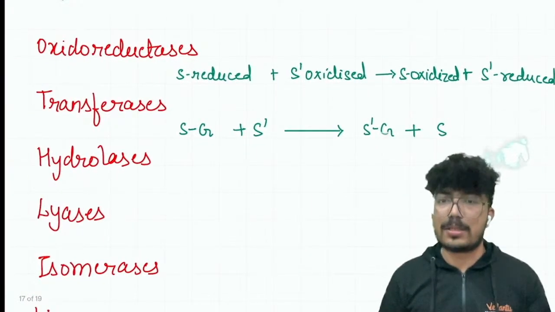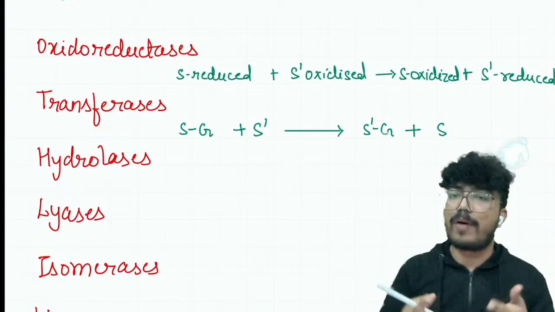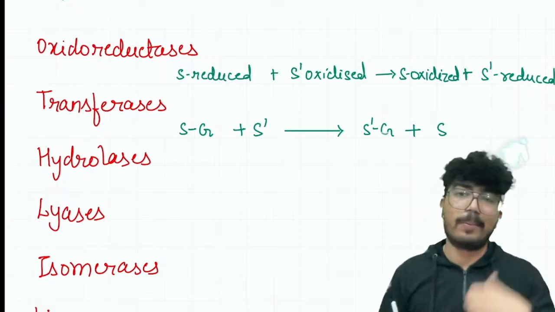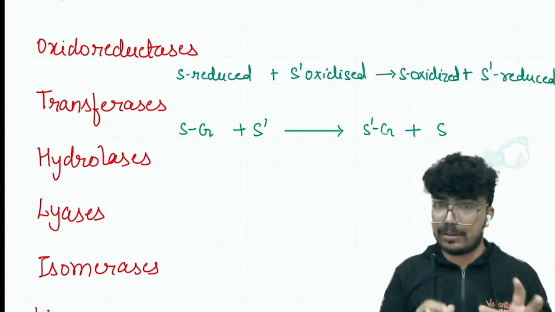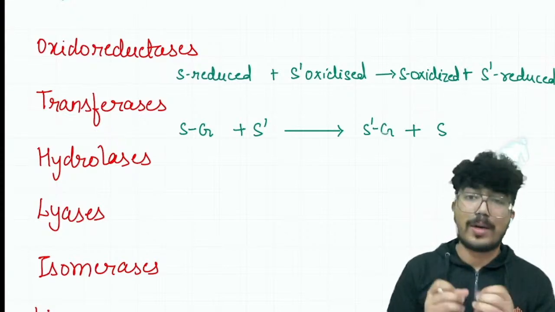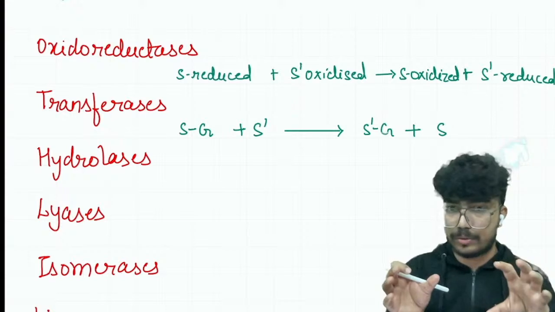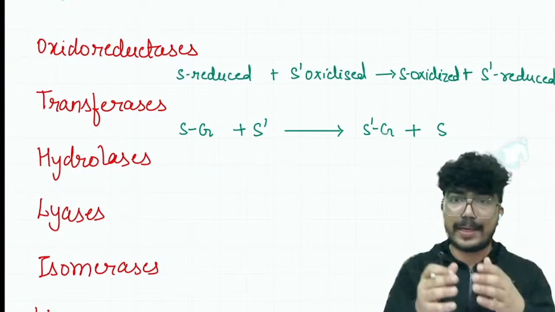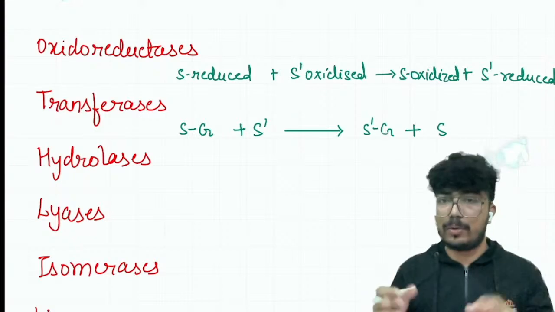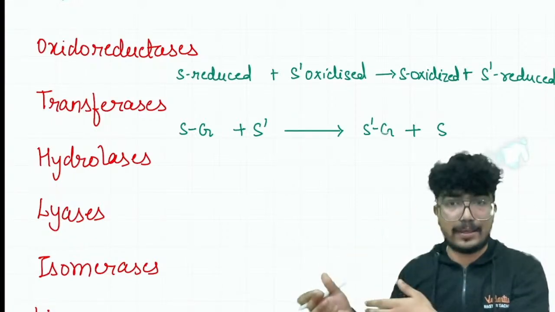Now hydrolases. These are the enzymes that carry out hydrolysis. Hydrolysis of what? Ester bonds, ether bonds, peptide bonds, glycosidic bonds. We have learned about these bonds. Let's say lactose has a glycosidic linkage between a galactose and a glucose subunit. If I treat it with lactase, which is a hydrolase, it will break down the lactose molecule into glucose plus galactose subunits.